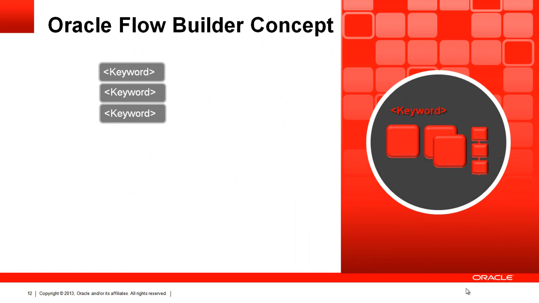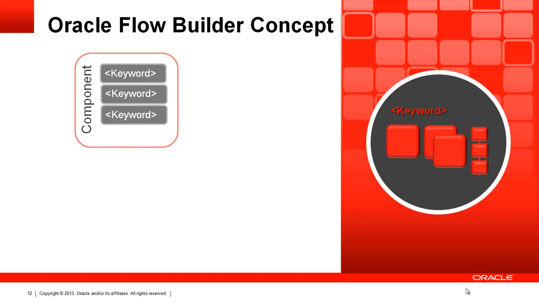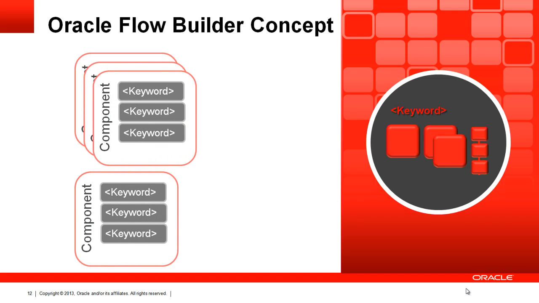The concept of Oracle Flow Builder is that you have keywords that define the different actions that we want to mimic. Multiple keywords form a component. You can then take multiple components, chain them together, and create component sets, which are then a predefined sequence of components.